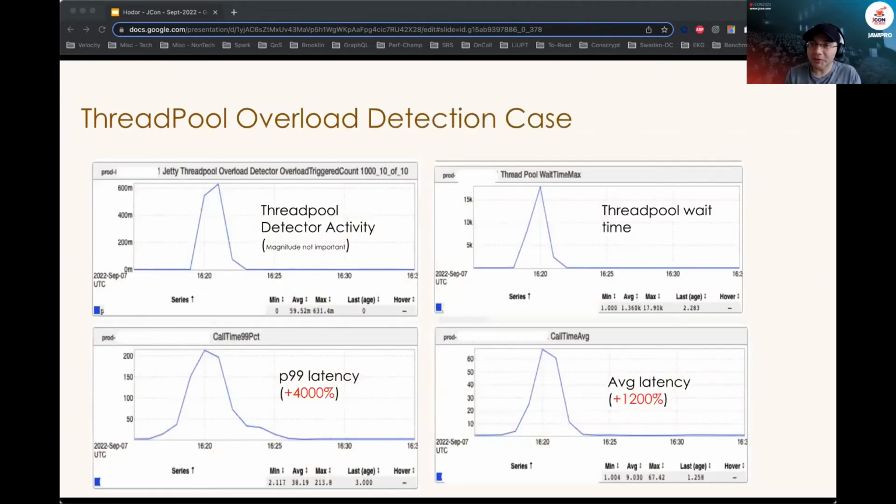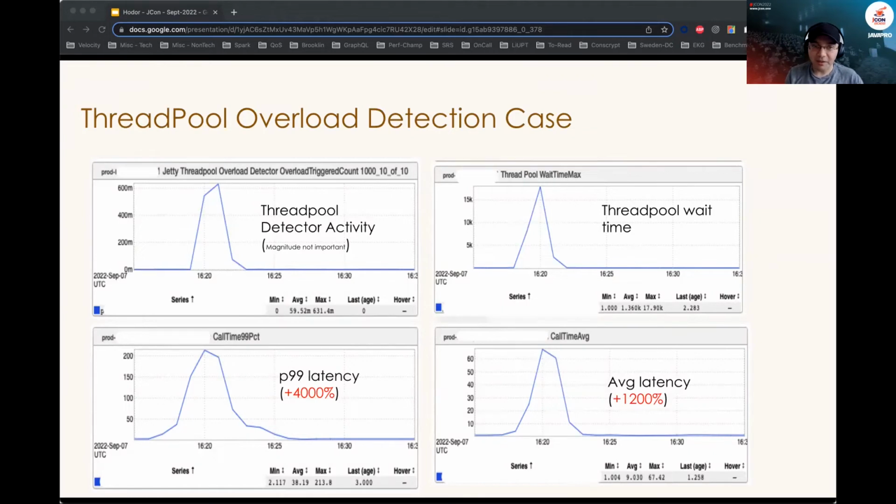Now, similar to the previous two detectors, here is an example of the thread pool detector in action. There was an issue in the downstream process due to a database slowdown that resulted in request pileup at the upstream, because of which requests had started spending more time waiting in the Jetty thread pool queue to be picked up for processing.